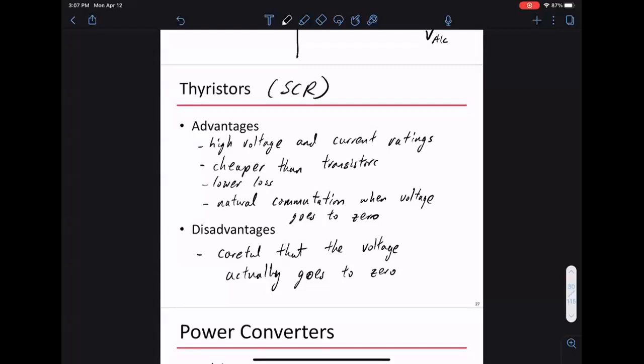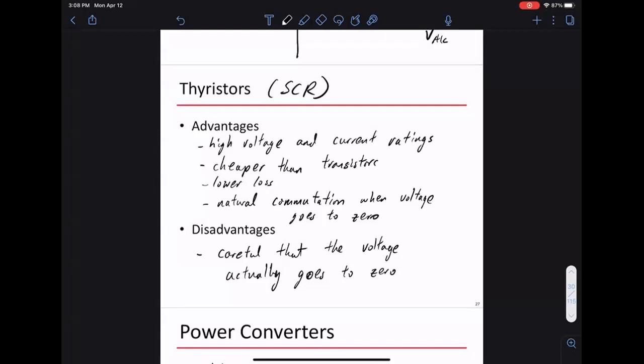Some of them are important for us to know in this class. But the thing to remember, often when you interview somewhere, they will ask you, why do you use SCR? Why not just a bipolar transistor? It's important to remember why we're using SCR.